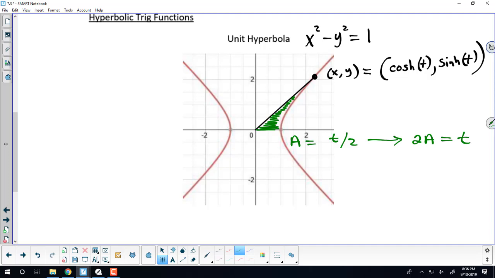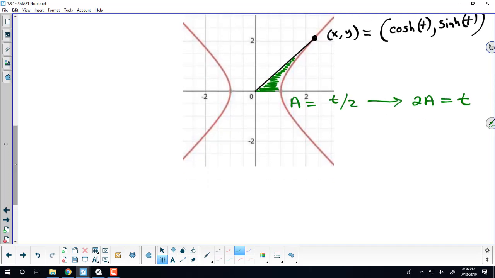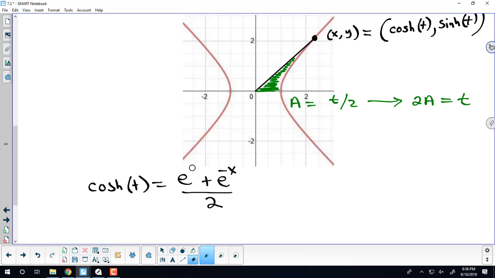And that's what's giving us the points on the unit hyperbola. But just a quick note: since cosh of t is e to the t plus e to the negative t over 2, for any value of t that we plugged in here, what would this evaluate to? What kind of number?